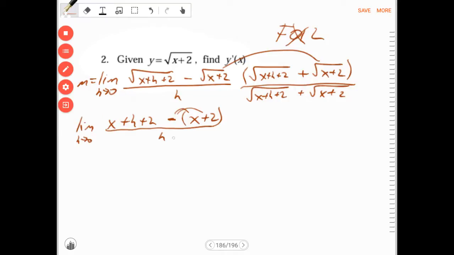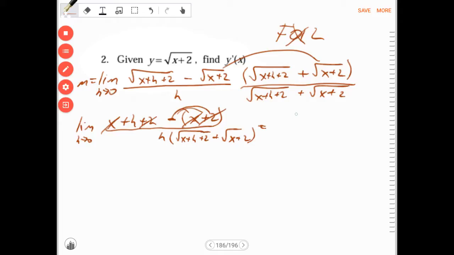Okay, and then of course we still have the bottom part, so h times root x plus h plus 2, plus root x plus 2. We're not going to bother simplifying that out at all, because watch what happens. The x and the minus x are going to cancel, and the plus 2 and the minus 2 cancel as well.